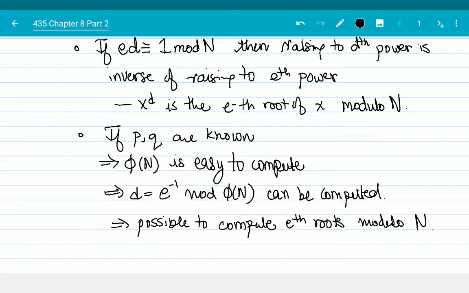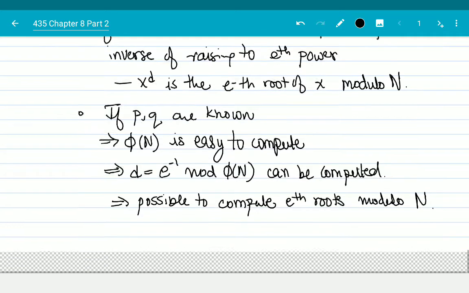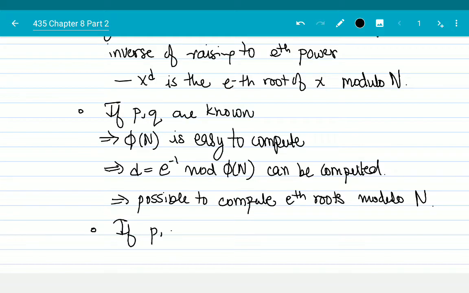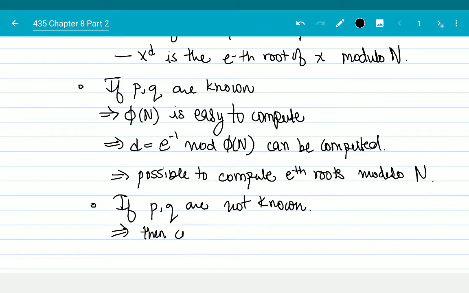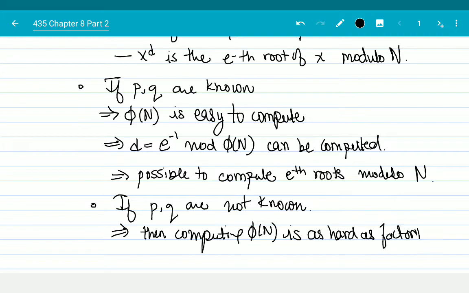On the other hand, if p and q are not known, then computing phi n is as hard as factoring n, which means that computing the eth roots is at least as hard as factoring.